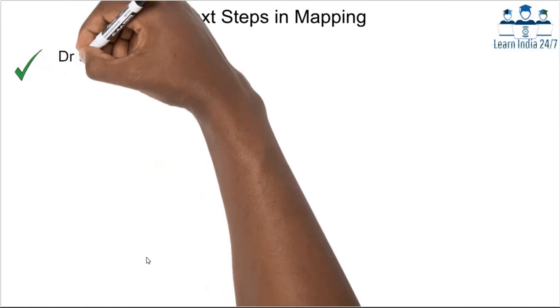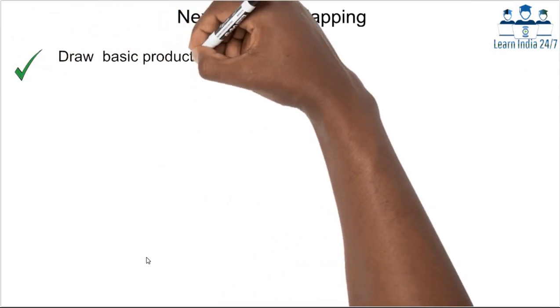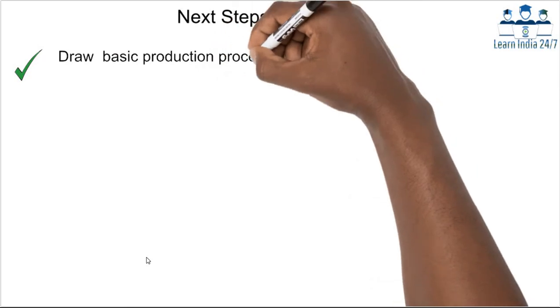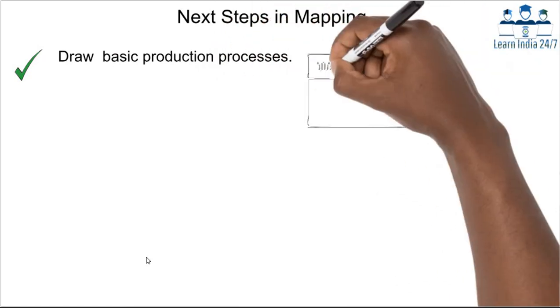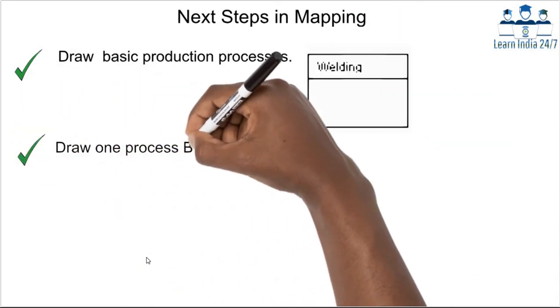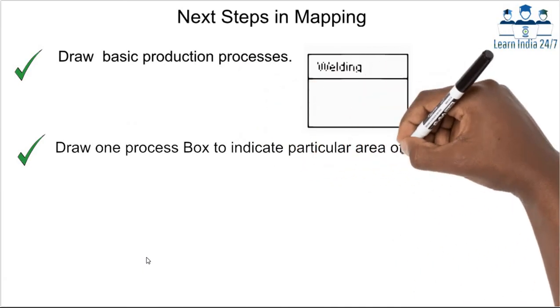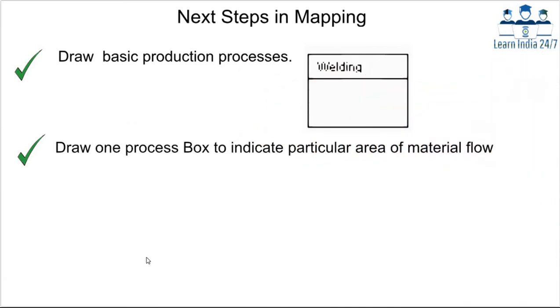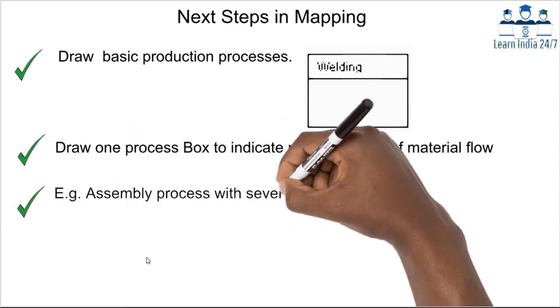The next step in mapping is to draw process boxes for basic production processes. Draw one process box to indicate a particular area of material flow instead of drawing multiple process boxes for each sub-process in a particular material flow.